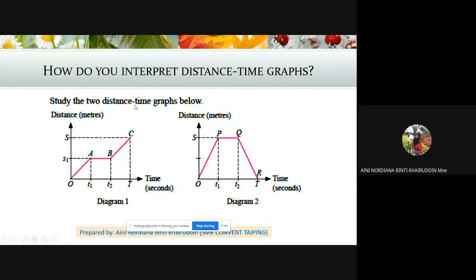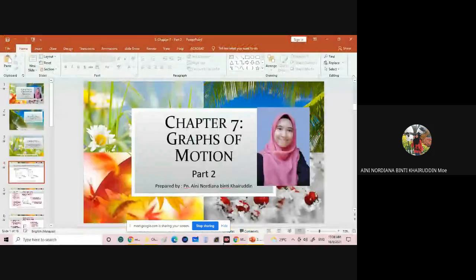Study the two distance time graph below. This is diagram 1 and diagram 2.